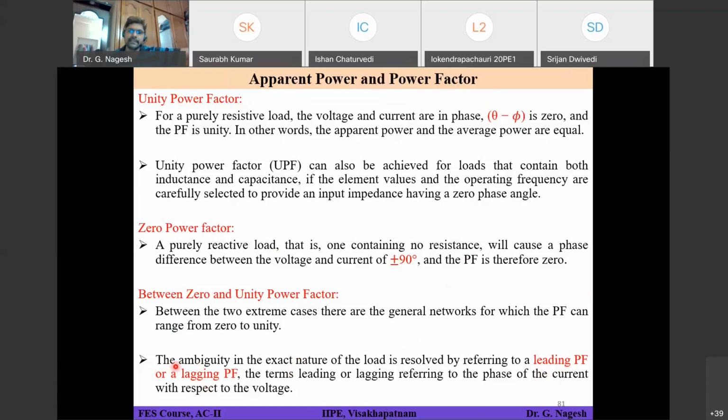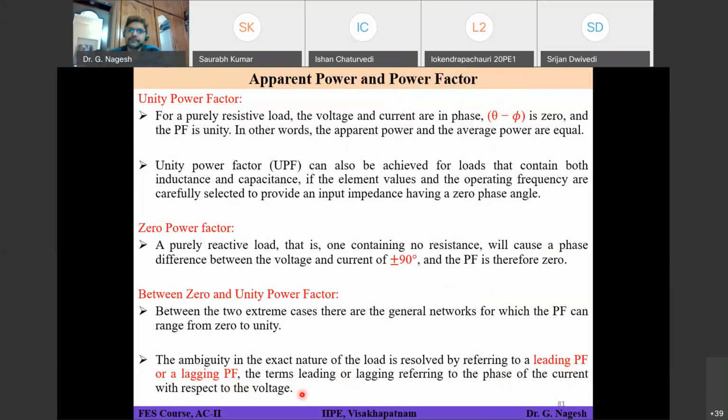There is ambiguity in the exact nature of the load. Power factor is 0, that is agreed, but I should specify the nature of the load. This is resolved by referring to a leading power factor or a lagging power factor. The term leading or lagging refers to the phase of the current with respect to the voltage.